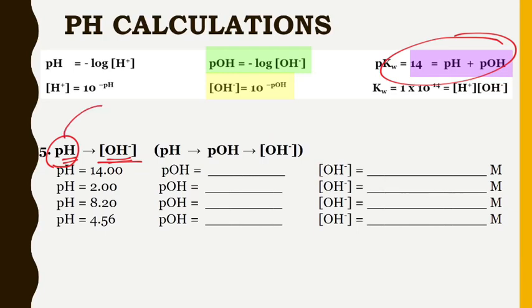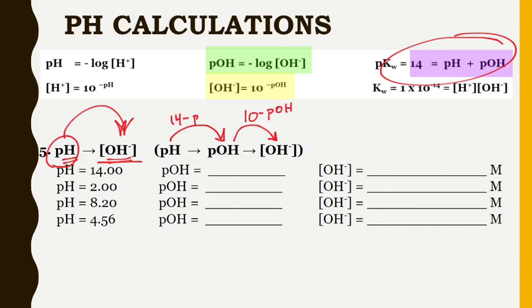So when I'm trying to go from pH to OH concentration, I'm really going to take a quick stop in the middle at the POH. I want to find all these POHs because then it's trivial, just like we just did, to get from our POH to the OH concentration. We just need to do 10 to the negative, just like we were just doing.